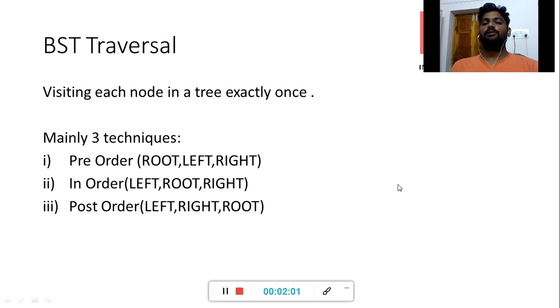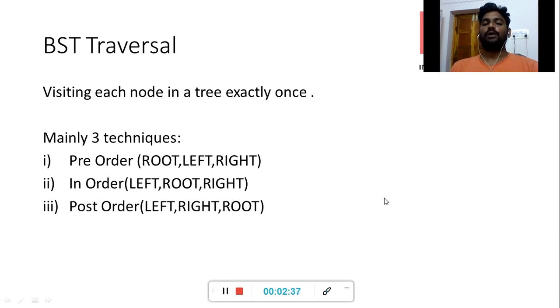How do we traverse a given binary search tree in pre-order fashion? First visit the root node, then visit the left subtree of the root node, and finally visit the right subtree of the root node. The next technique is in-order traversal. In in-order traversal, first visit the left subtree of the root node, then visit the root node, and finally visit the right subtree.